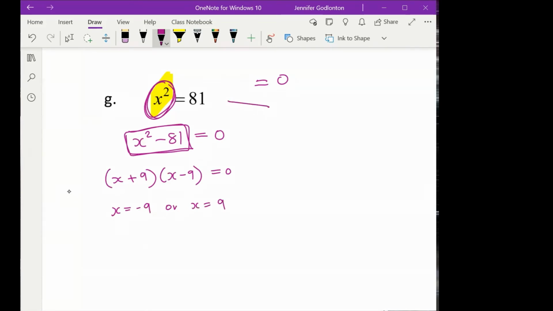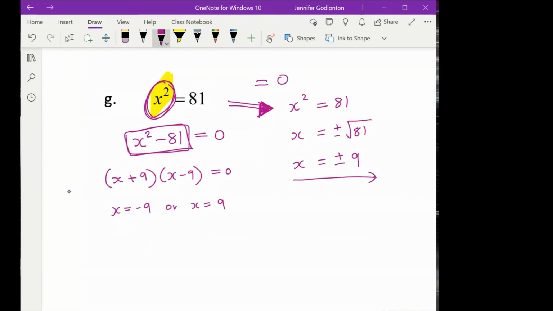Okay, if you are able to see at this point that when you square root it, you get a positive and a negative answer, so x squared is equal to 81, which means x is equal to positive or negative the square root of 81, so we get positive or -9.